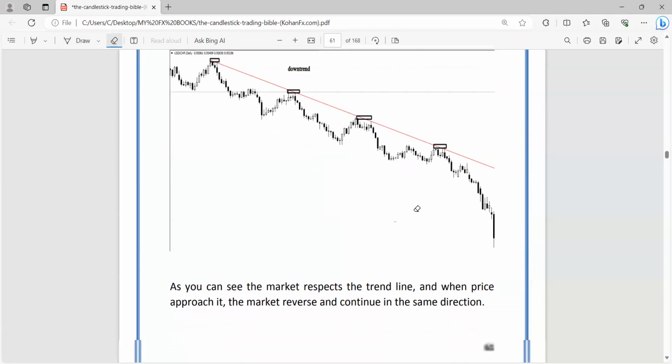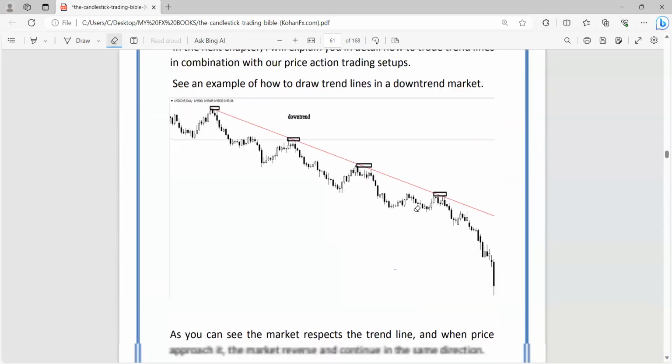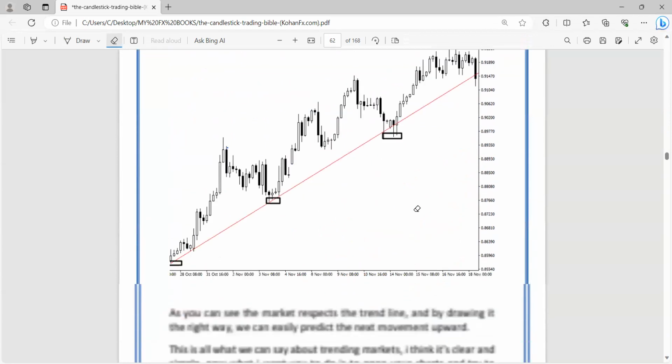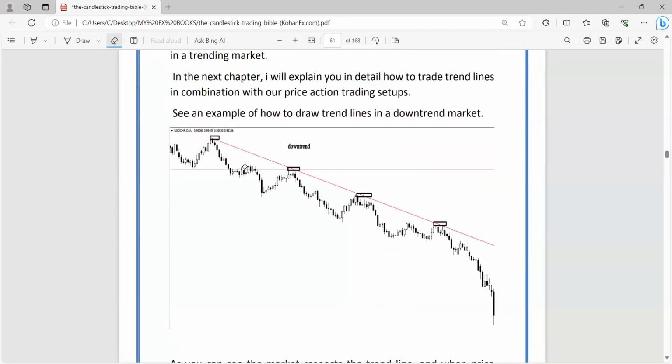Hence, that gives you some perspective. Then the last thing, by the way, let me just show you something else. As you are going downwards here, you will notice that this level is a support level where the market had failed to go past.